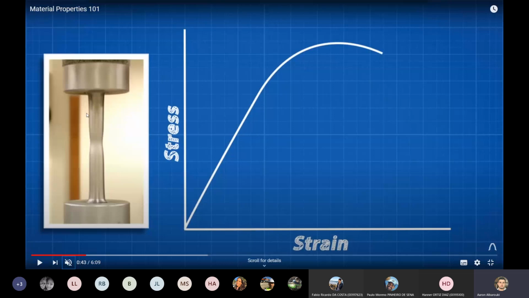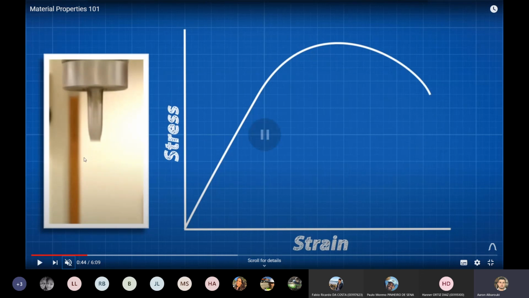If I stop the force here, this is not going to go back to normal. It will stay like this. And that's what we call the necking of steel. See, there's a neck being produced here, which is the cross section starting to get smaller. Necking of steel, and then that will cause failure at the end.